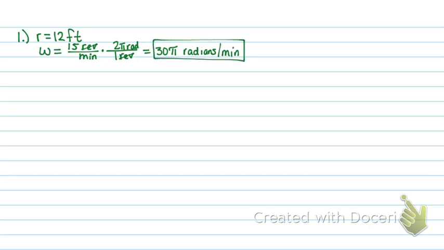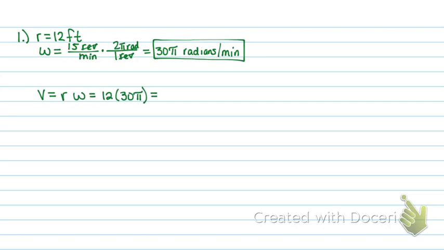And then it tells me to find linear speed as well. So remember that linear speed is equal to the radius times the angular velocity, or angular speed, and it's got to be in radians, which it is now. So this is going to be equal to the radius, which was 12, times that 30 pi.